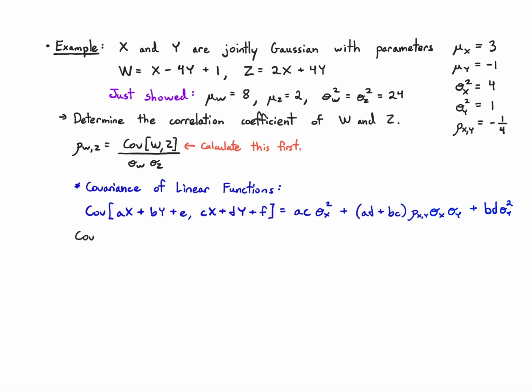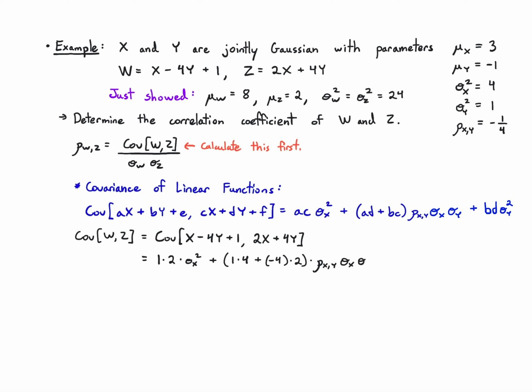Okay, and that covariance of wz is therefore the covariance of x minus 4y plus 1 and 2x plus 4y. So I can just read off these parameters. It's going to be 1 times 2 for ac. And then for ad, it's going to be 1 times 4. And then for bc, it's minus 4 times 2, sorry, BC. And then I'm going to get correlation coefficient times the standard deviations. And then plus minus 4 times 4 for bd times the variance of y.